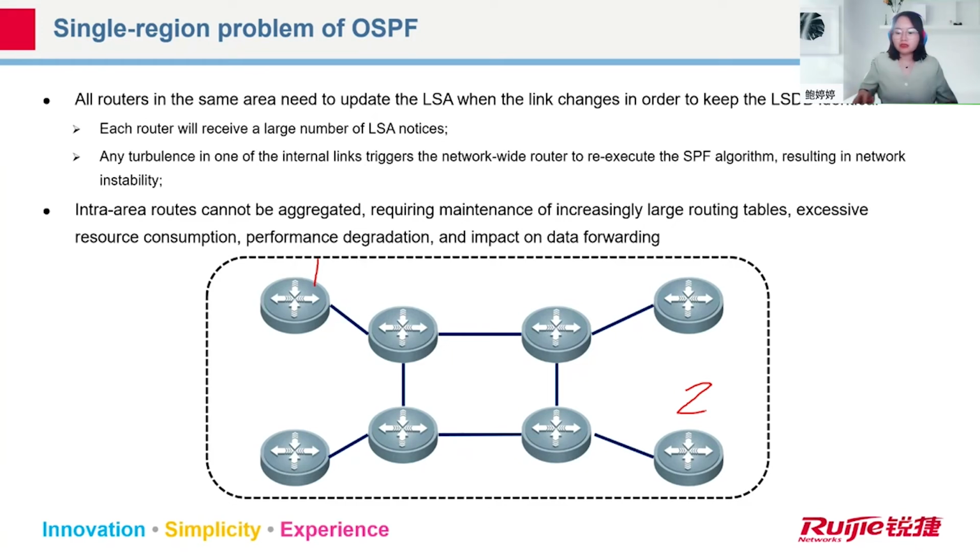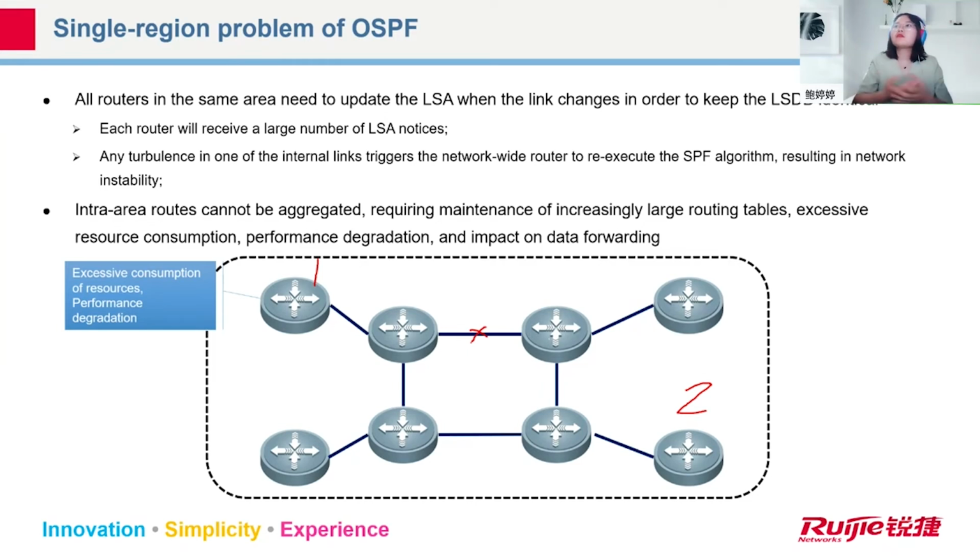So if all the routers are in the same area, we have some problems like excessive consumption of resources and performance degradation because the LSDB is the same. If one link is broken, we have to send out the LSU and LSACK to advertise to everyone.